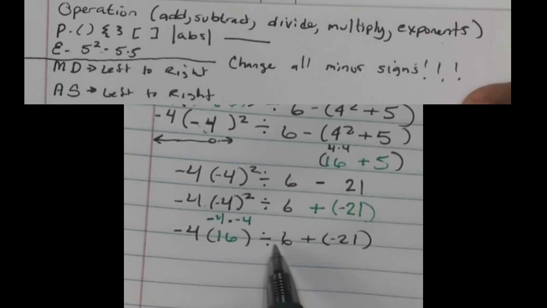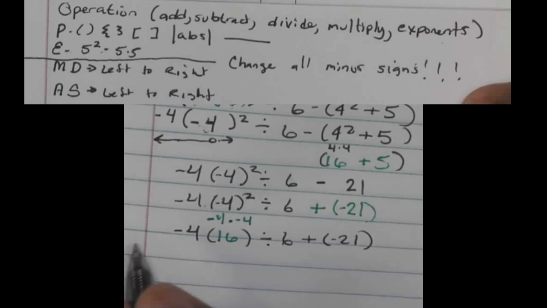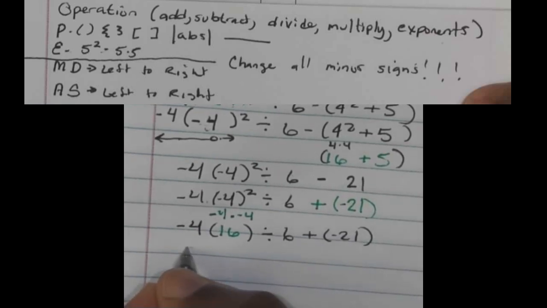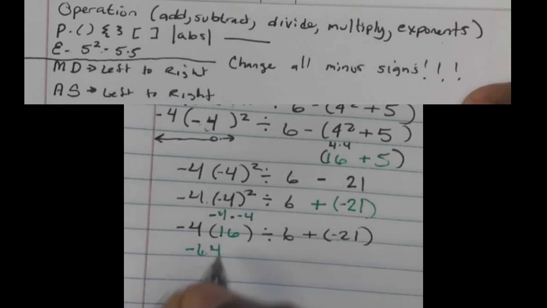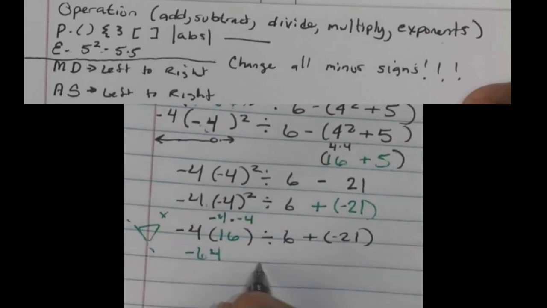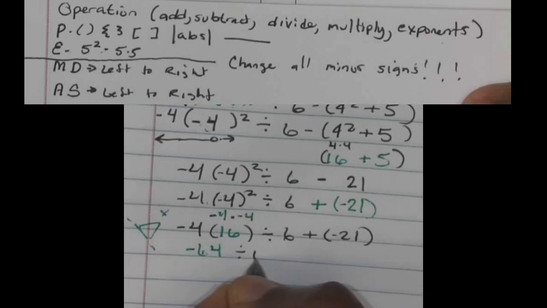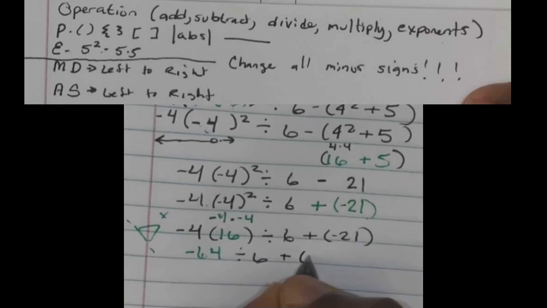You're gonna get a decimal. Alright? So 4 times 16, that's 24 carried to 2. What's that, 64? So we get a negative 64, because remember, we use the triangle in multiplication and division. And then we got divided by 6 plus a negative 21.